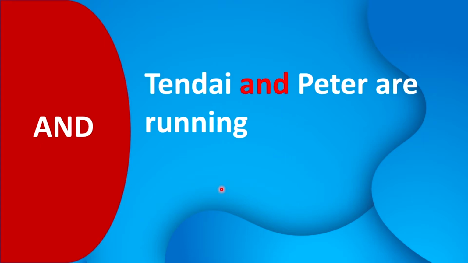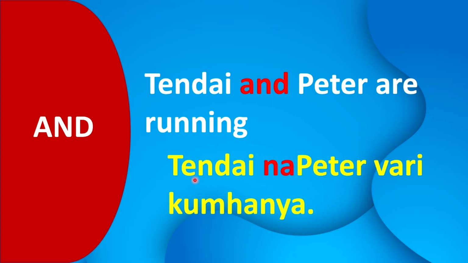The first example: Tendai and Peter are running. This becomes Tendai na Peter vari kumanya. So na is used when you're referring to humans. You must remember this.